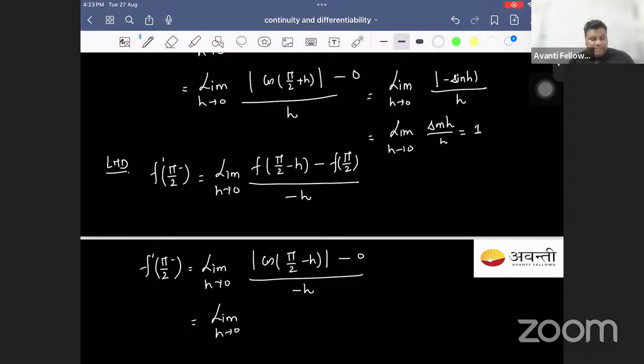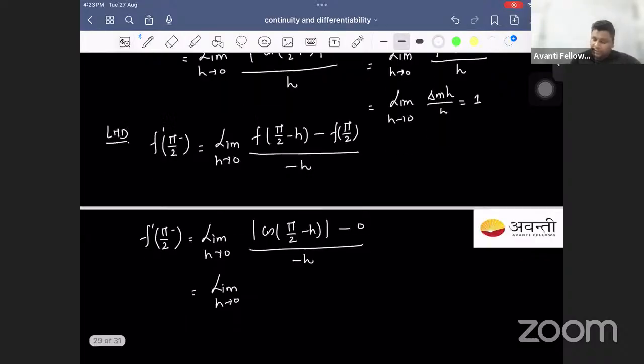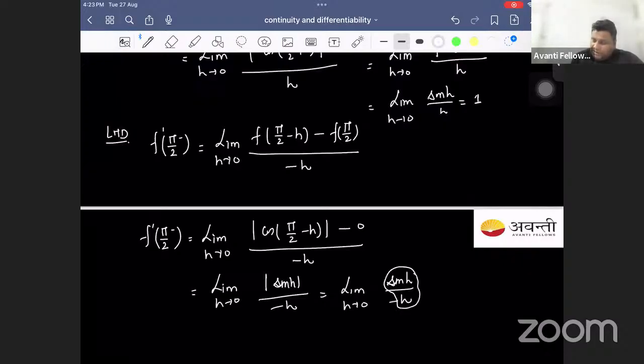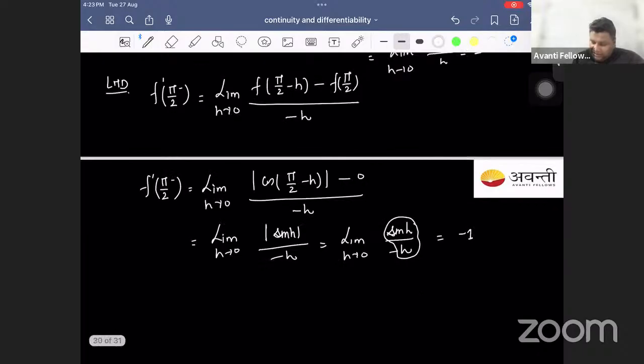So that is limit h approaches to 0, mod of sin h upon minus h. That is limit h approaches to 0, sin h upon minus h. And this is 0 by 0 form, which is going to be 1. So answer is what? Minus 1. Am I clear? So that means left hand derivative is not equal to right hand derivative.